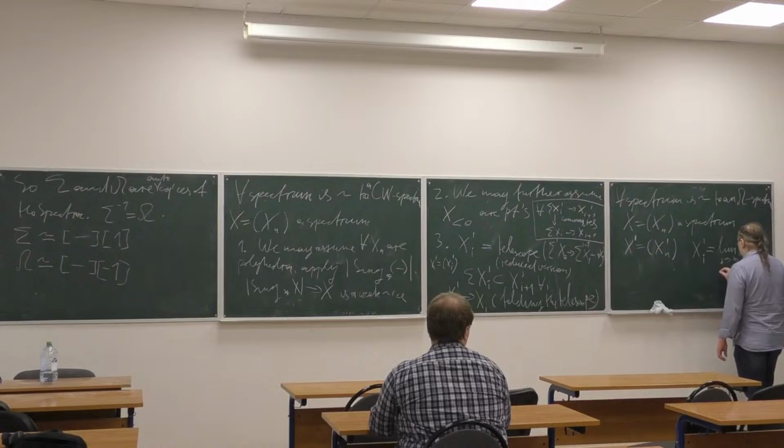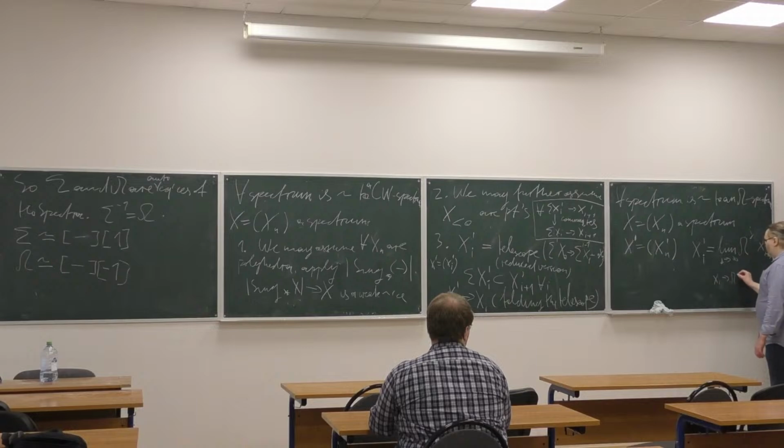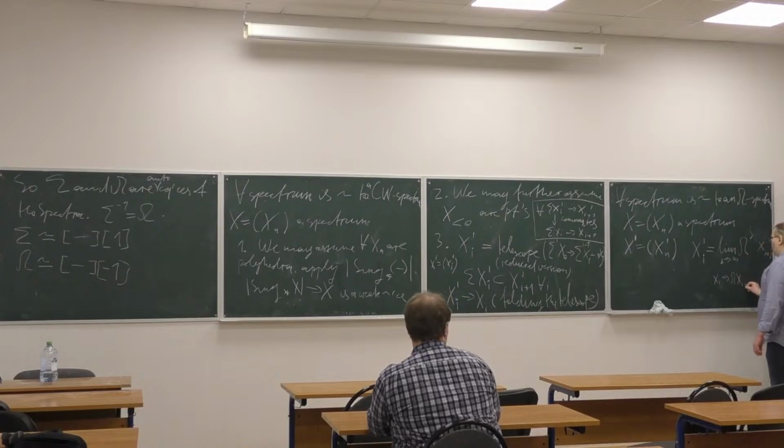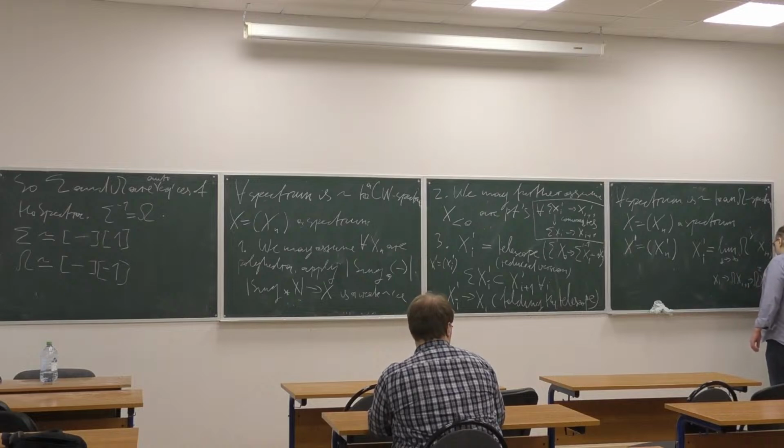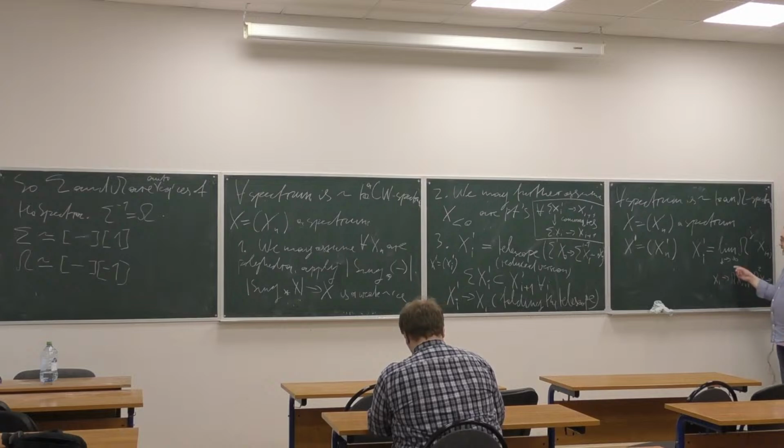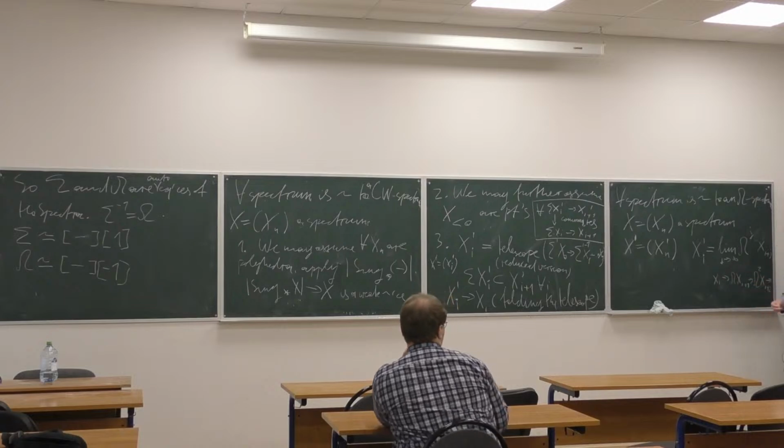Well, I have X_i goes to Omega X_{i+1} goes to Omega squared X_{i+2} and so on, and I take the limit as j goes to infinity.